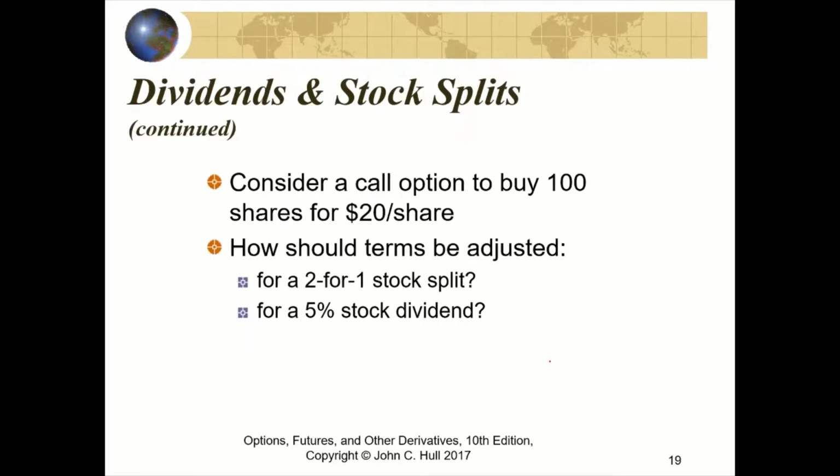Let's take an example. Consider a call option to buy 100 shares for $20 per share. How should the terms be adjusted if, let's say, we are dealing with a 2-for-1 is too simple. Let's say a 3-for-2 stock split.